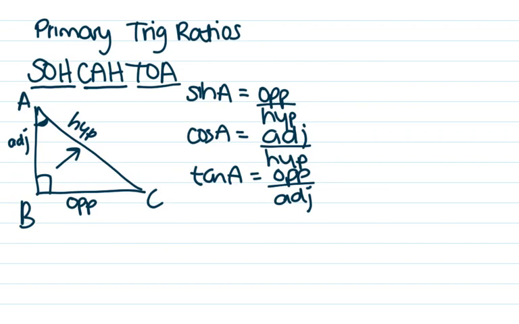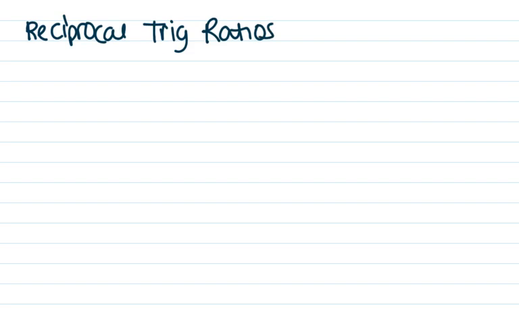So something new that you didn't learn last year are the reciprocal trig ratios, which we're going to talk about now. And I'll just give you a definition of those.